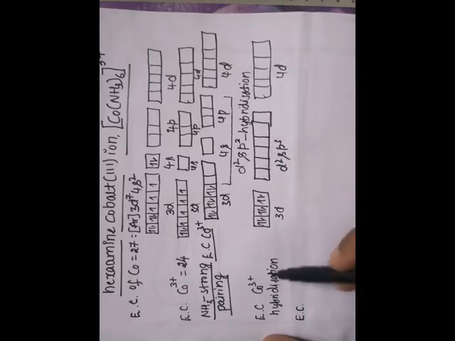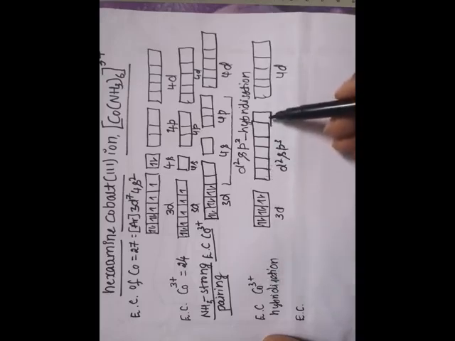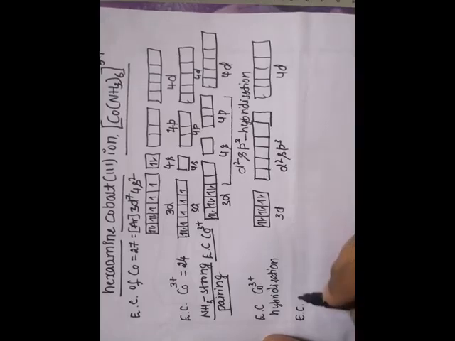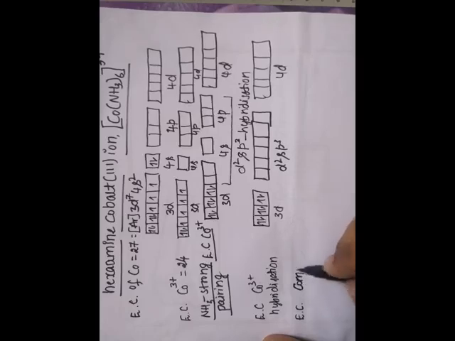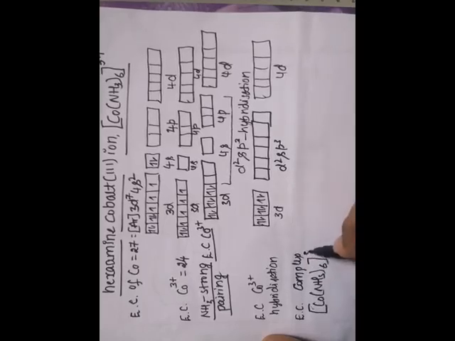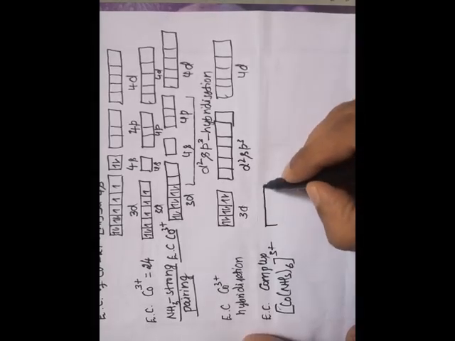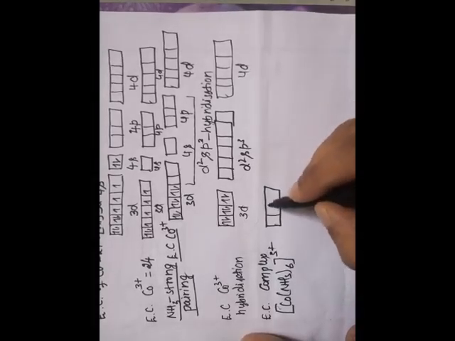Let us write the electronic configuration of the complex, [Co(NH3)6]3+.